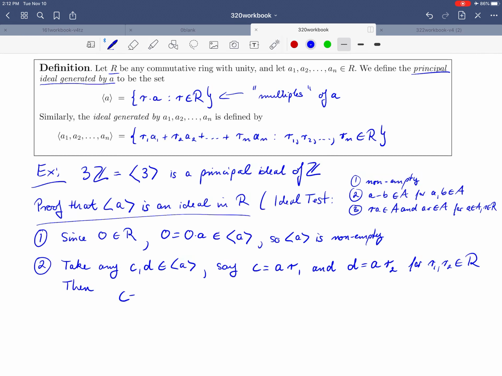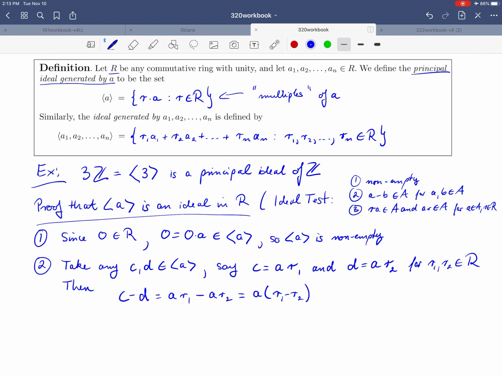We need to show that C minus D is an element also in our principal ideal. And can we do that? Well, let's see. C was A R1, D was A R2, and since we're in a ring, we have the distributive property, so this is A times (R1 minus R2).